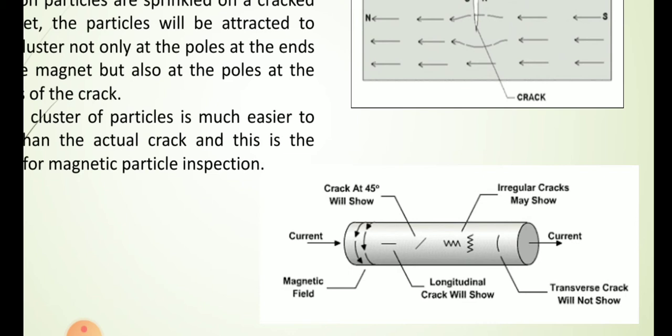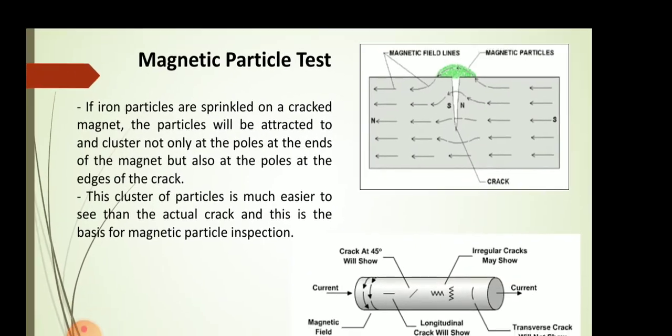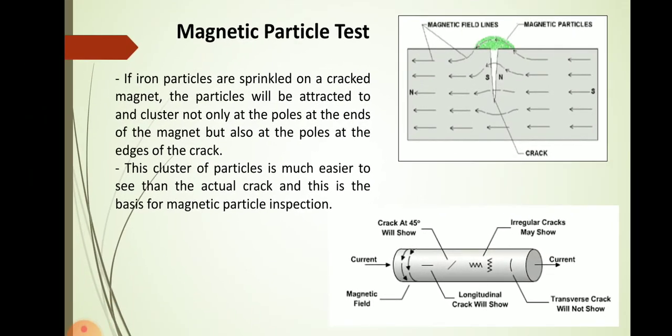So here in that circular specimen, magnetic field lines are in a circular manner. So if magnetic field lines are circular, then the transverse crack cannot be shown, but the longitudinal crack can be shown. And in the upper diagram, the magnetic field lines are exactly parallel to the surface. Then the vertical cracks can be detected by this.